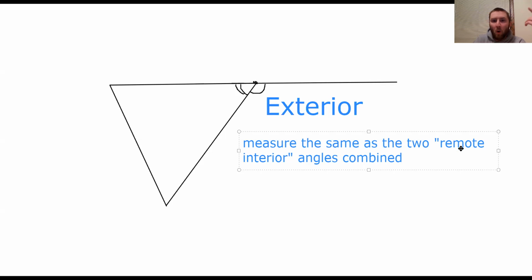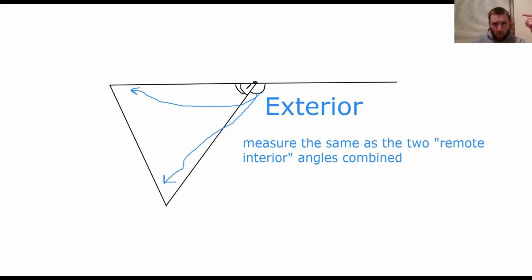So for this exterior angle here, the remote interiors would be that one and that one. Those two are going to be the remote interior angles for this particular exterior angle.